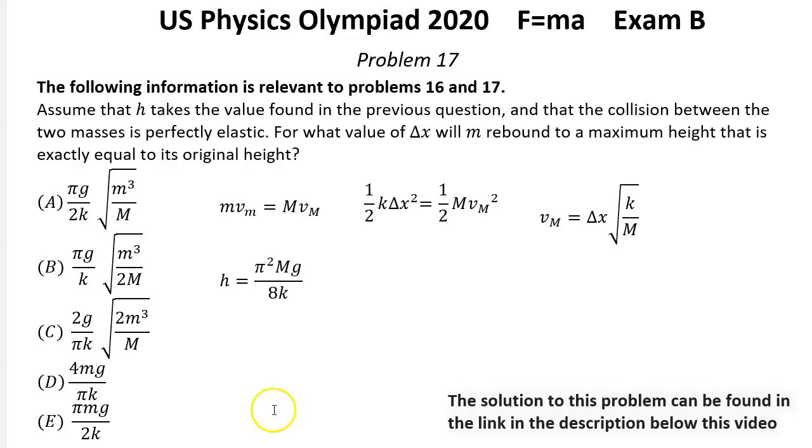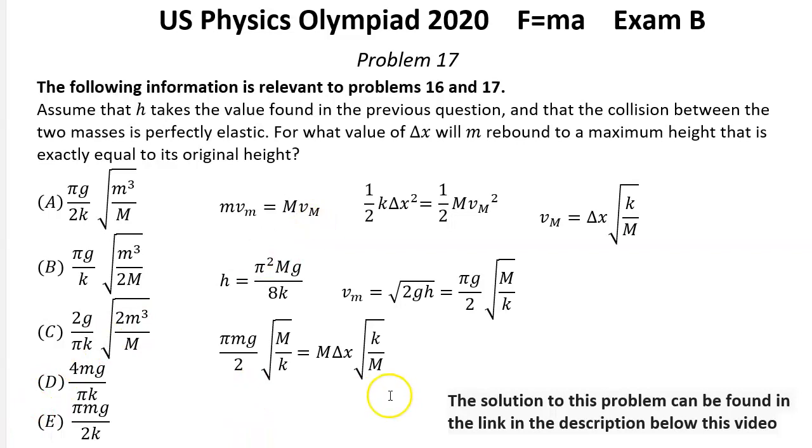That was this expression, and now we can calculate the speed for this small mass. That is this equation. And now we can put in the first equation our expressions for these two velocities. That will be this equation, and finally from here we can find dx.